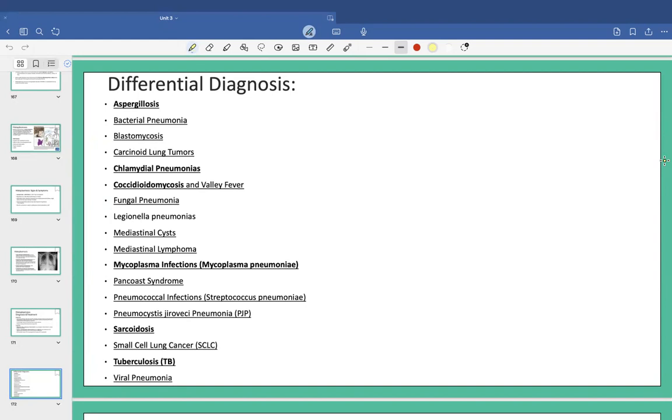Chlamydia, coccidioidomycosis, mycoplasma, sarcoidosis, TB. It could also be a viral or fungal pneumonia. It could be a small cell carcinoma, small cell lung cancer. It can be several different things. I should have bolded pneumocystis jirovecii, but I did not. That's down above sarcoidosis.